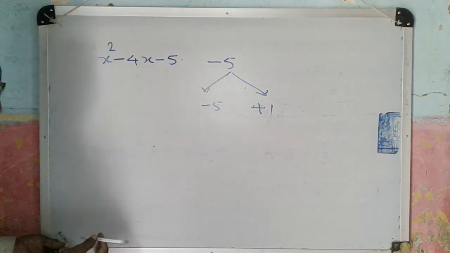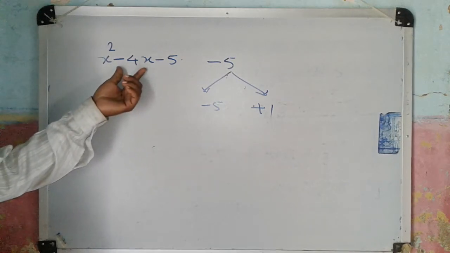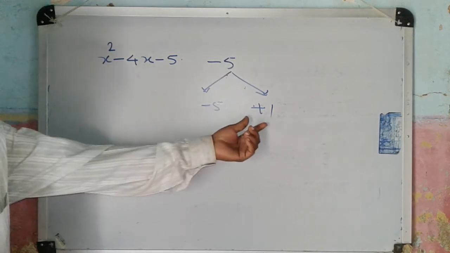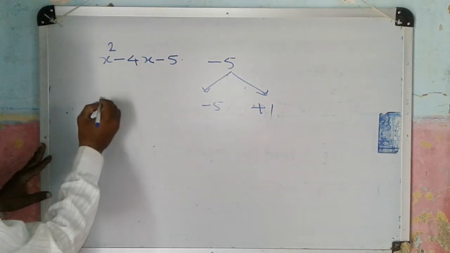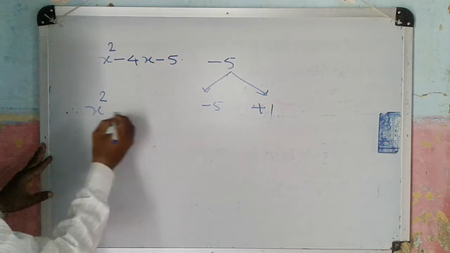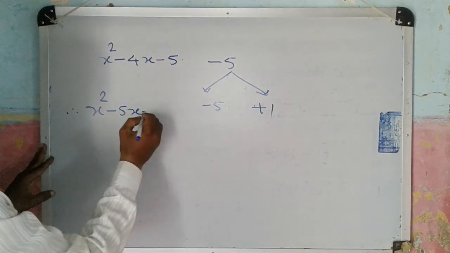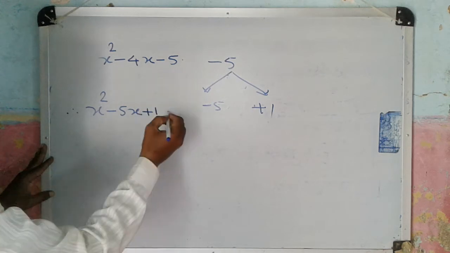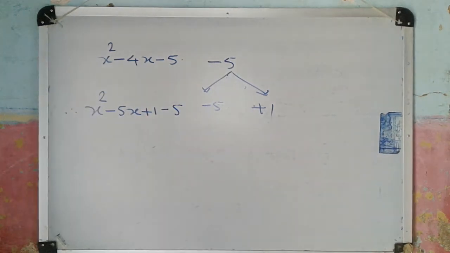So in this way, now we will write this middle term minus 4 in terms of minus 5 plus 1. So this equation can be written like this: x square minus 5x plus 1 minus 5.